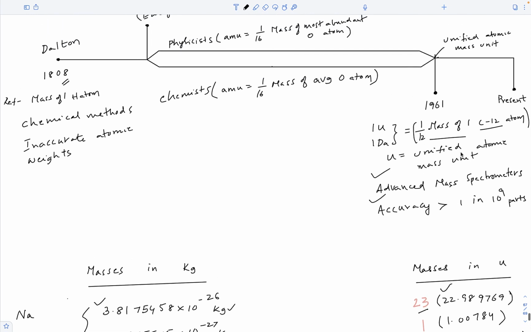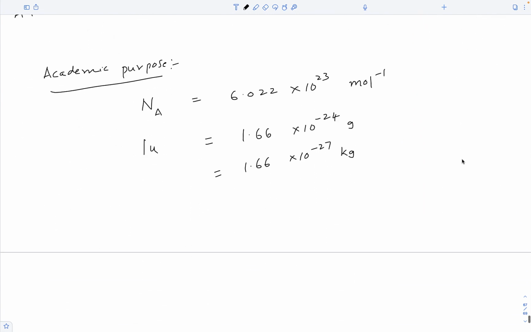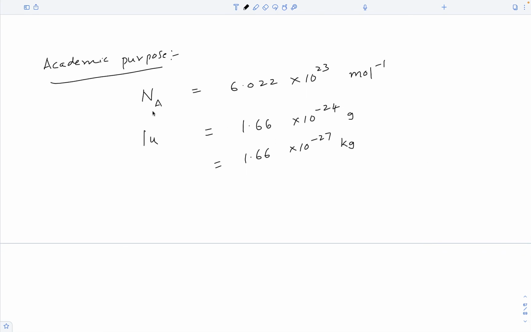That is why we are using the idea of atomic weights or relative atomic masses even today. And for academic purposes, we can take the value of Avogadro's constant as 6.022 × 10^23 per mole, and the value of one unified atomic mass unit or 1 Dalton as 1.66 × 10^-24 grams or 1.66 × 10^-27 kilograms.